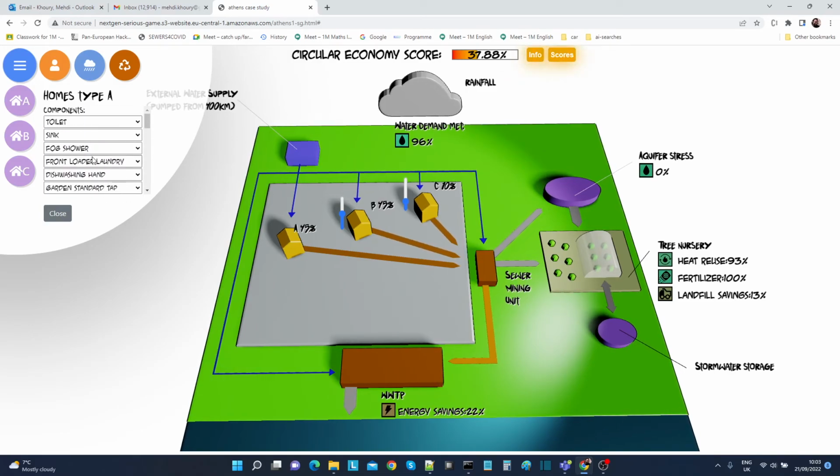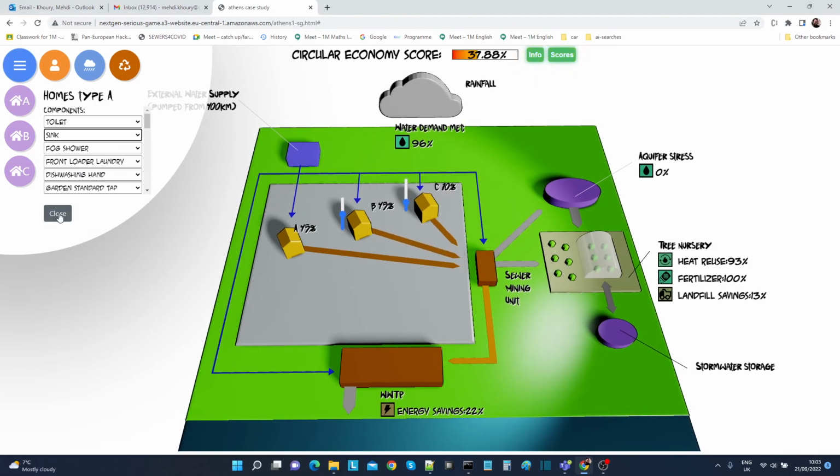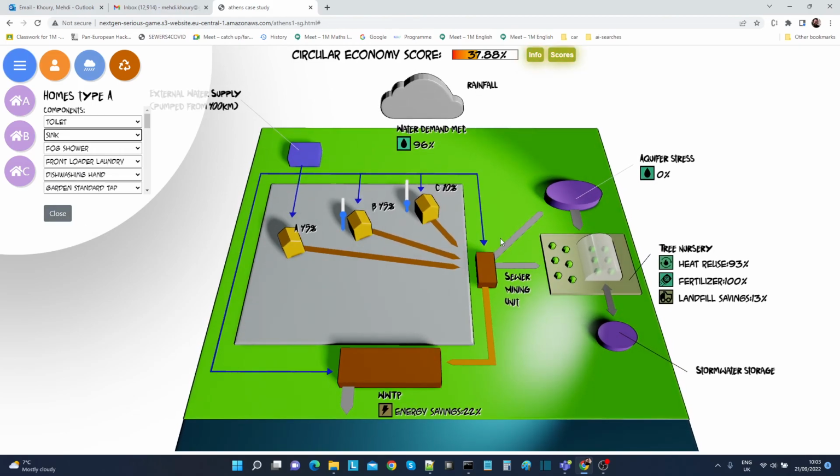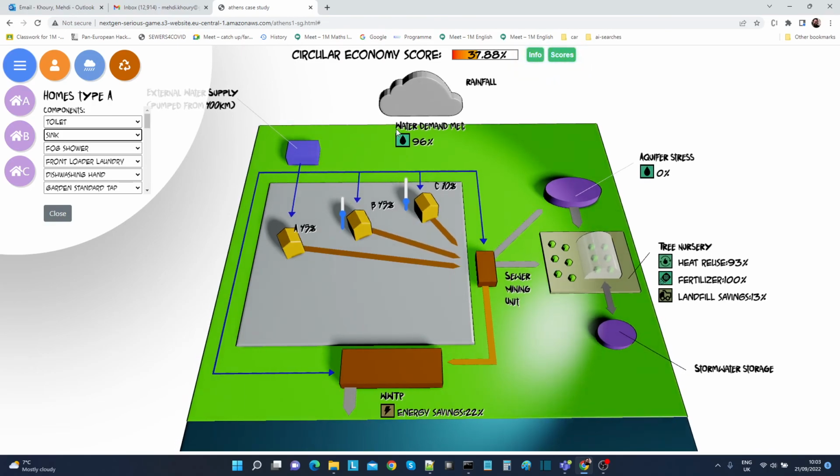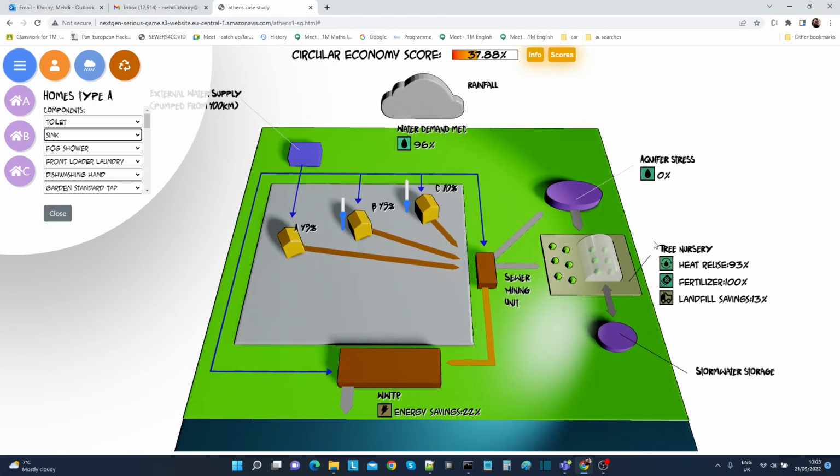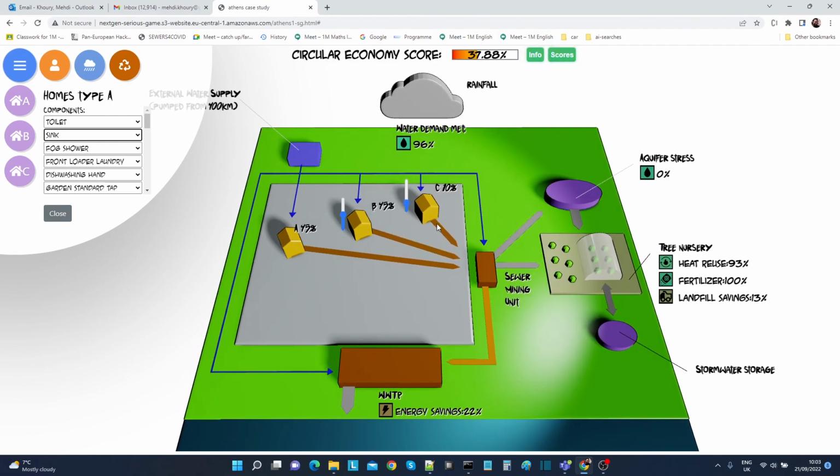So you can explore all sorts of devices, the type of toilet, the types of sink, and so on, and you can connect them to different sewer mining units, and you can overall see how the circular economy in your neighborhood is improved.